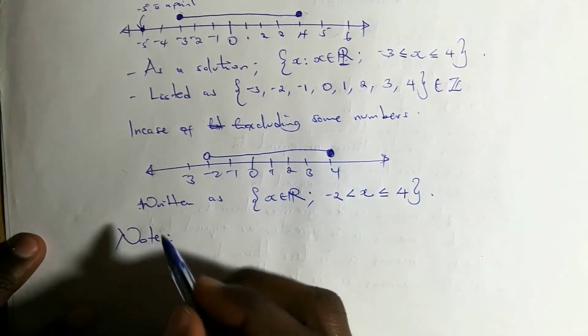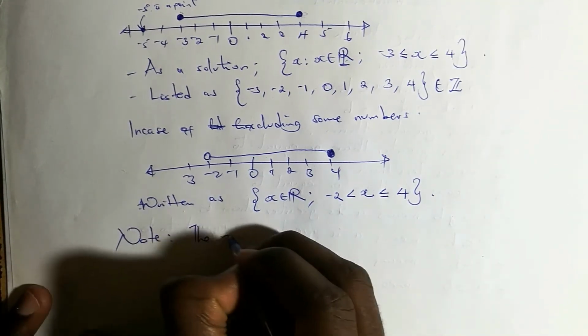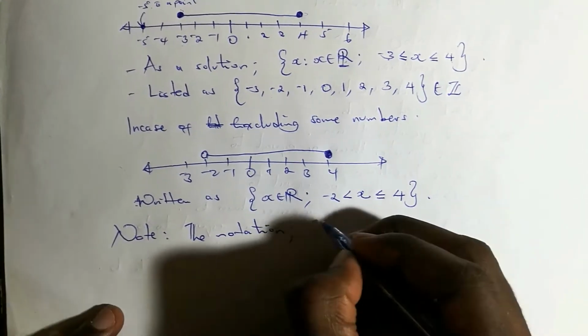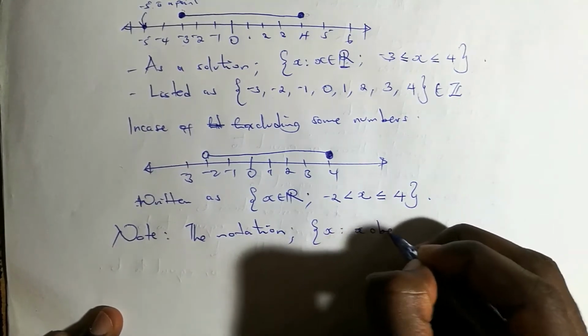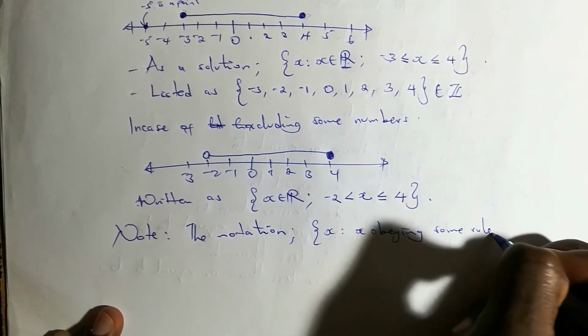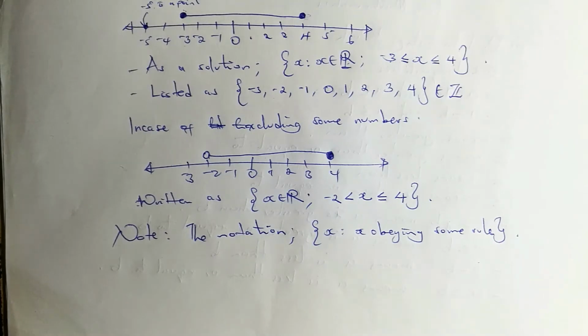Let me say we have certain notations, for expressing a set whereby you're making x obey some rule. That means your x is just obeying some rule that has been fixed, instead of maybe having many other numbers in.